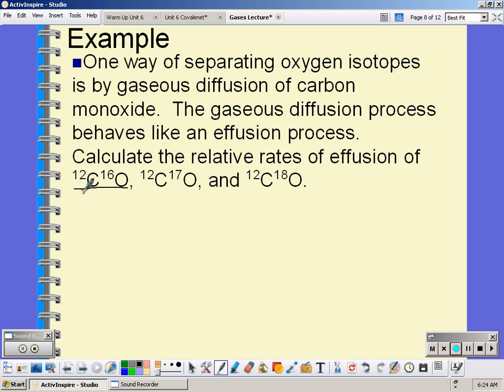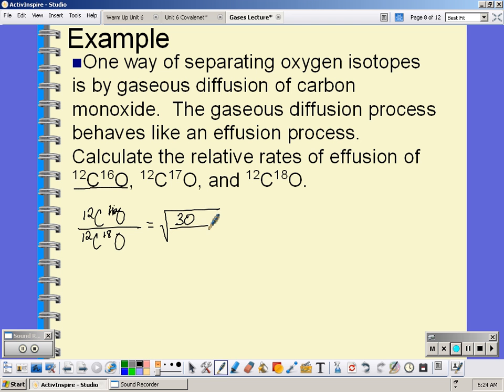I'm sorry, I just confused myself on the problem. We're looking at the relative rates between these sets of isotopes. So if we look at carbon 12 and oxygen 16 compared to carbon 12 and oxygen 18, the heavier molar mass of oxygen 18 and carbon, 30, would go on the top, grams per mole.